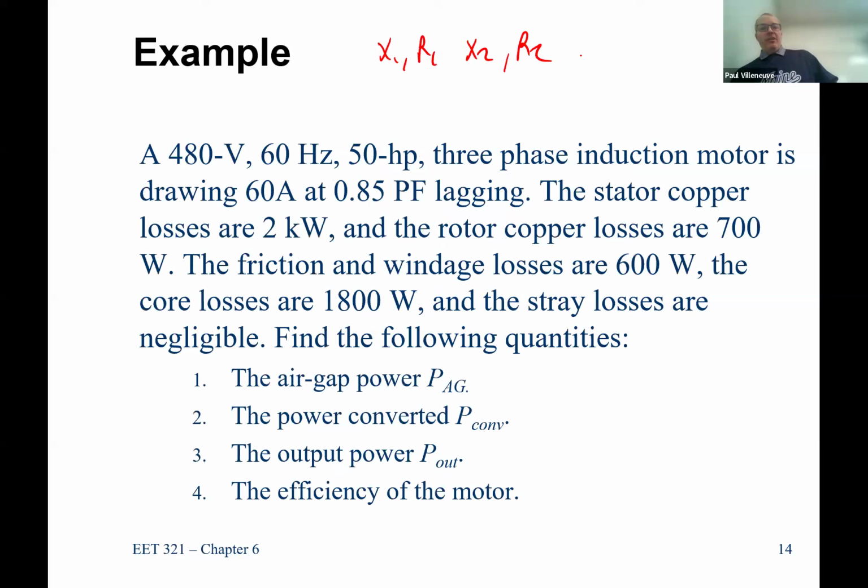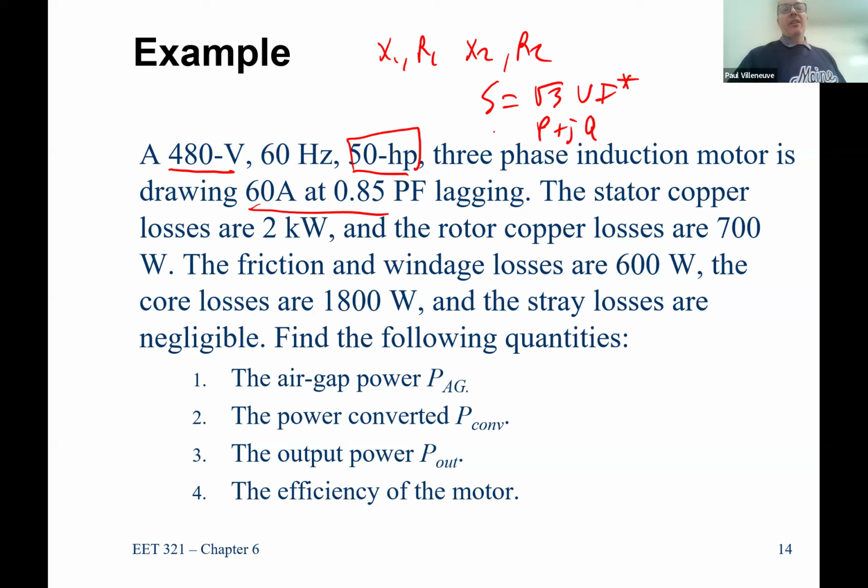So the first thing we're going to have to do is a power triangle with this and this, right? Actually, no, not this and this. What is this right here? That's a nameplate rating. Is it delivering 50 horsepower? Who knows? We don't know. I do know that it's drawing that much current. And if I do S equals square root of 3 V I conjugate, that's going to be P plus jQ.